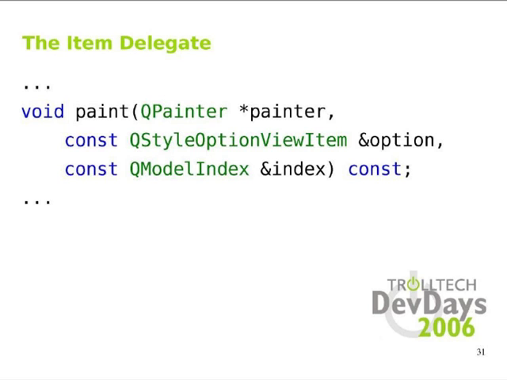It also contains the rectangle that we have to draw and a few other bits and pieces that we may or may not use to draw the item. And finally, we have the model index, the little object that indicates a position in the data structure of the model. So we know which item we are going to paint, and we have a way of getting to the data.